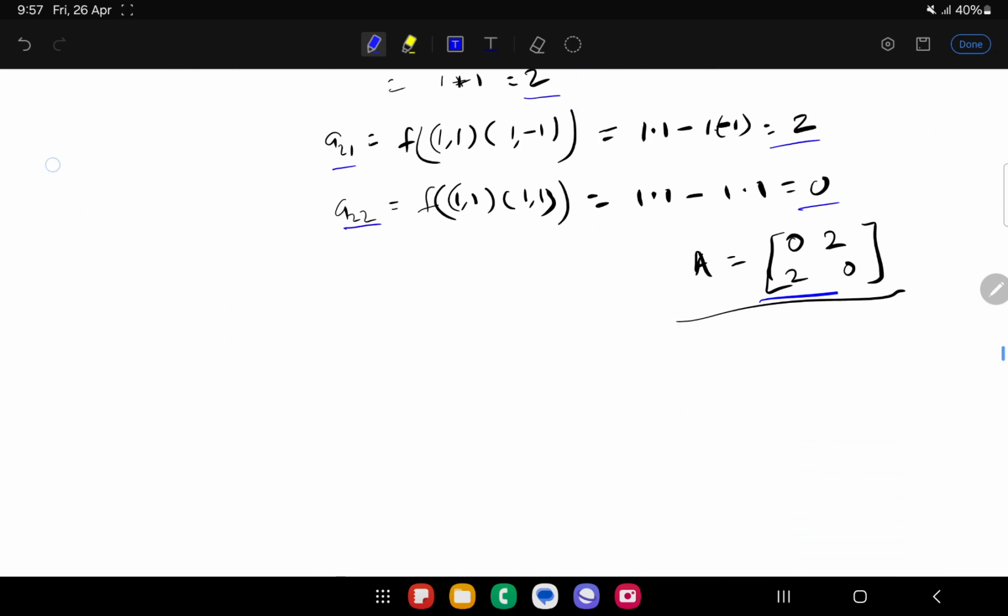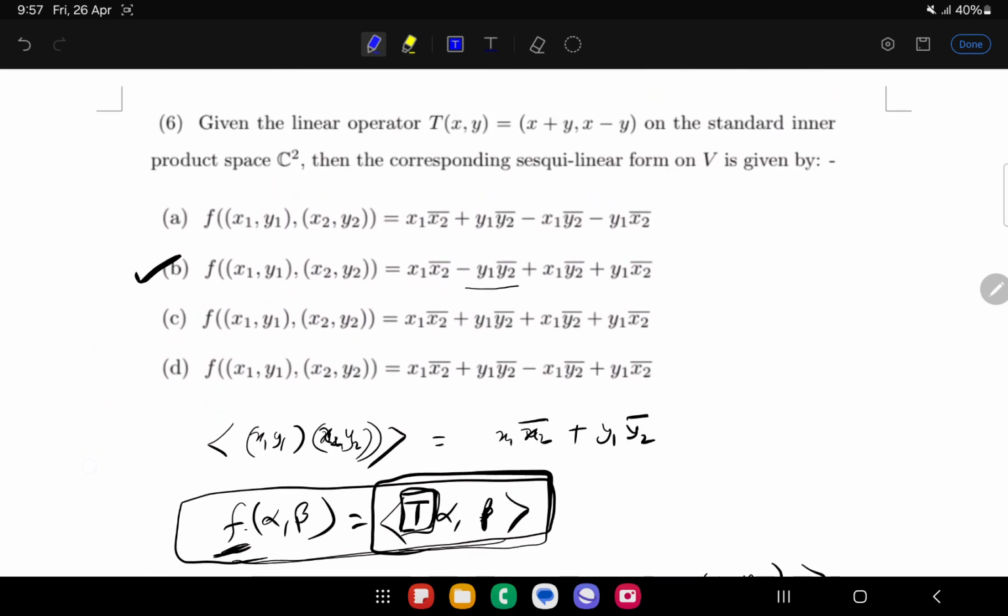So let's see next question. Given a linear operator T defined like this, on a standard inner product space C2, corresponding sesquilinear form will be given by.